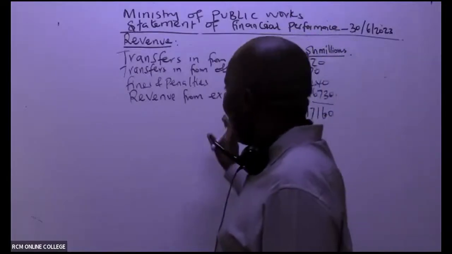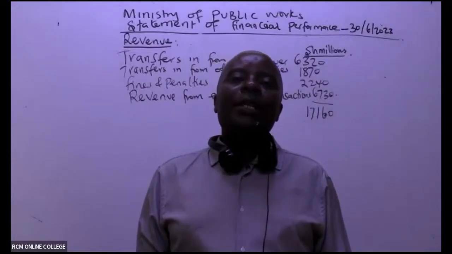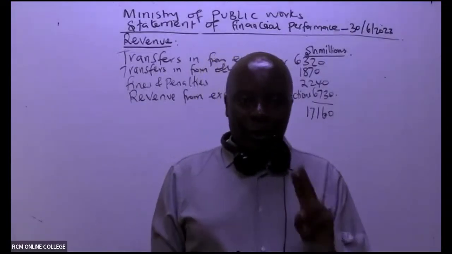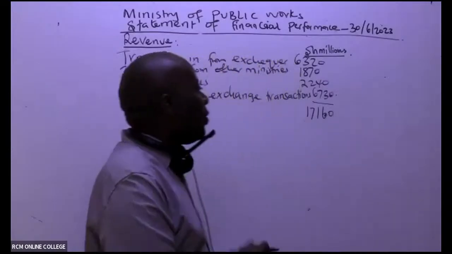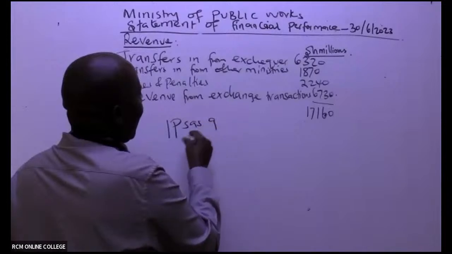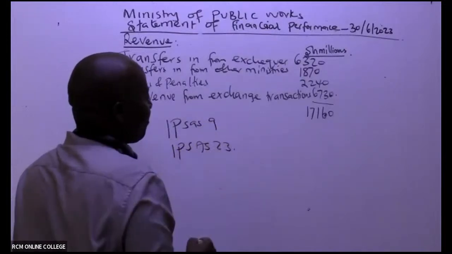Already I can see that. Now, there are 2 types of revenues that these public sector entities will always make. We have revenues under IPSAS 9, and then we have revenues under IPSAS 23.